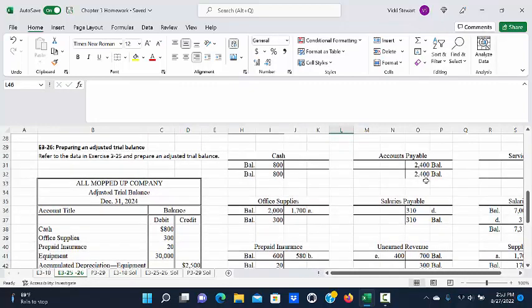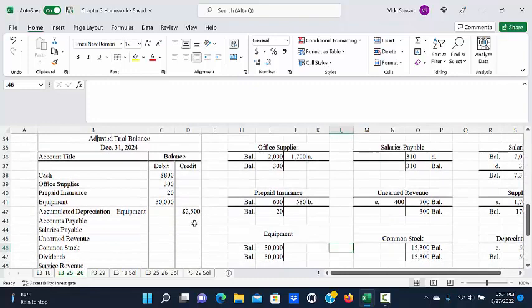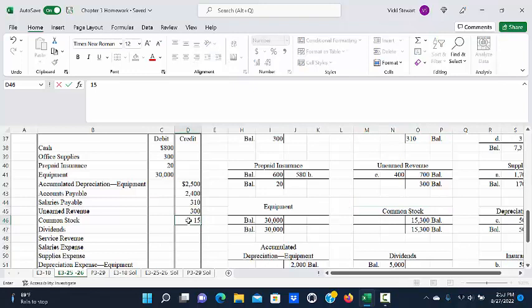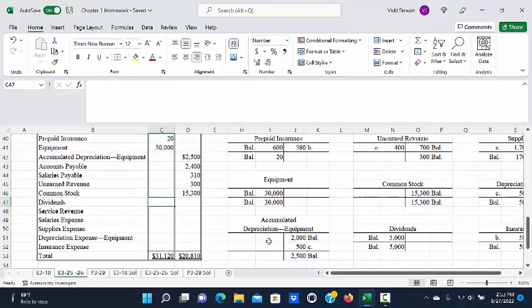Our first liability is accounts payable, $2,400, and that's a credit balance. We now have a balance in salaries payable of $310. Our unearned revenue after making the adjustment is now $300. Common stock is $15,300. Dividends will go back to a debit of $5,000.